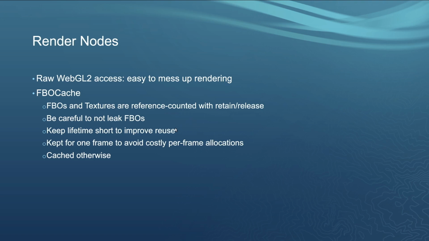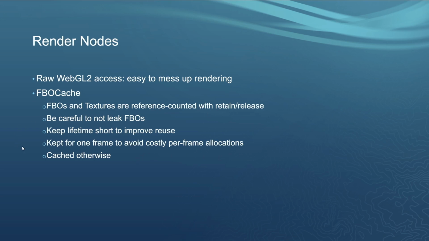But be careful with that, because A, it's very easy to actually leak them, and then memory is gone very, very soon, because we render up to 60 frames per second, and these things are big. And also try to keep a lifetime, if you allocate your own, as short as possible, so we can internally reuse them for other tasks if they have the same size and format.